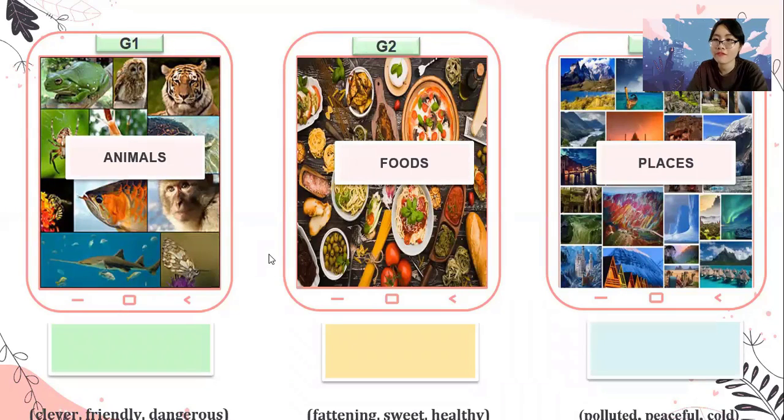What's up, everyone? Have you finished? Yes, teacher. So, group 1, which animals do you choose? You can write down 3 animals in the color box.